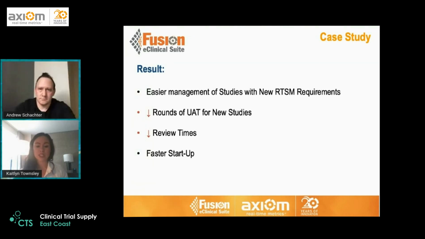By decreasing the number of decisions being made on a per project basis, we could cut out the IT team and the QA team. The clinical team only had to look at one or two aspects, and then just the RTSM team had to do their review as well. So it was a huge win to be able to cut down the rounds of UAT for their new projects.